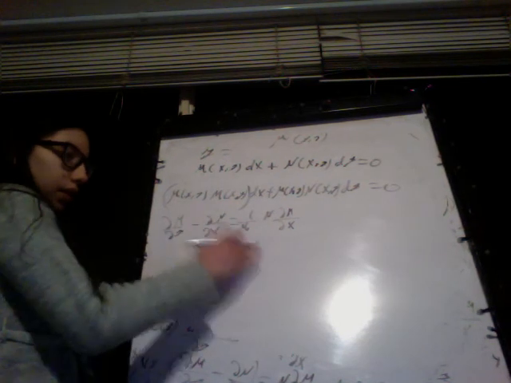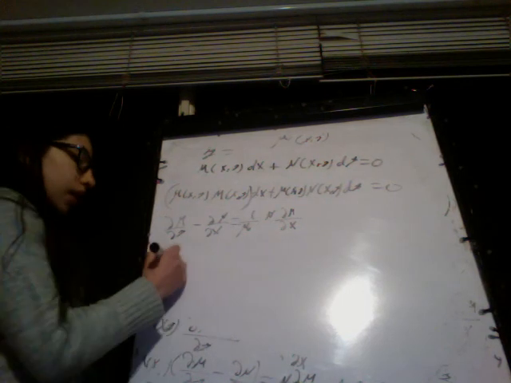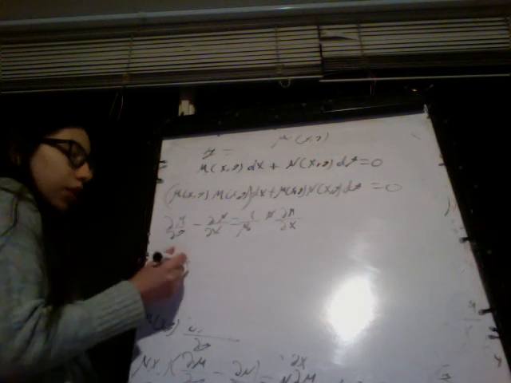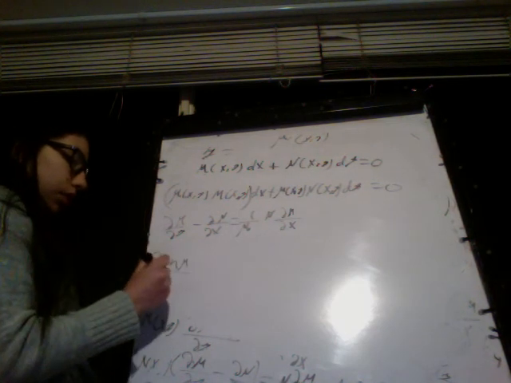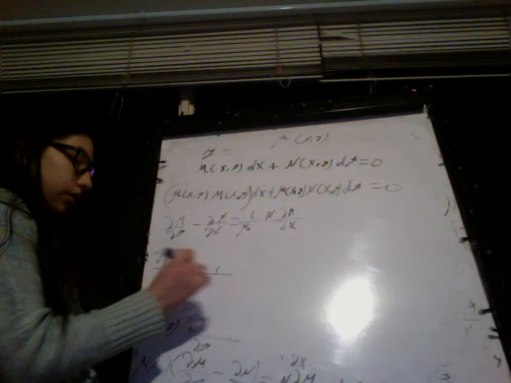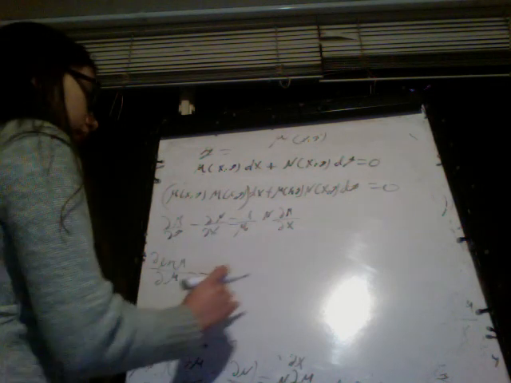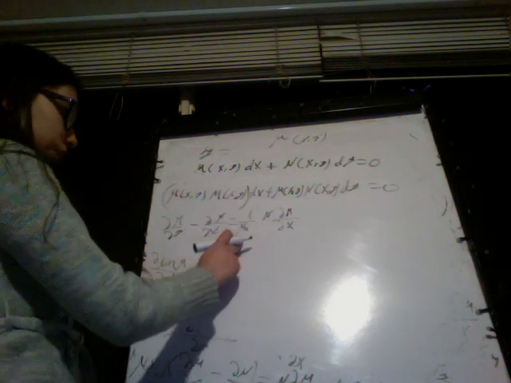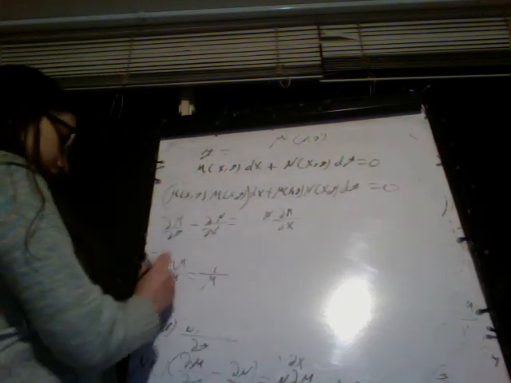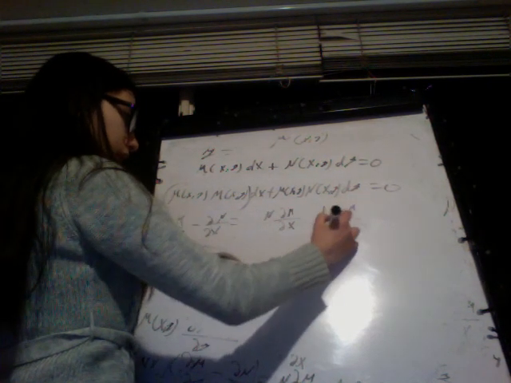Alright, now we know that when you have 1 divided by something, this is the derivative of natural log of that something. So you have natural log of mu. If you take this derivative, you have 1 over mu. So instead of having here 1 over mu, you put the derivative, not partial, of natural log of mu.